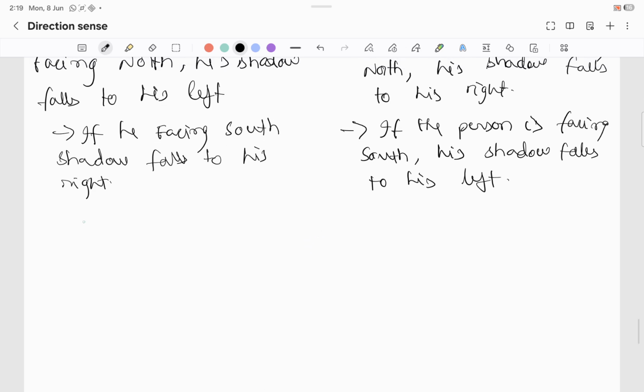Suppose, on this example, how the example will be: a person, no, not a person, let me take an example.